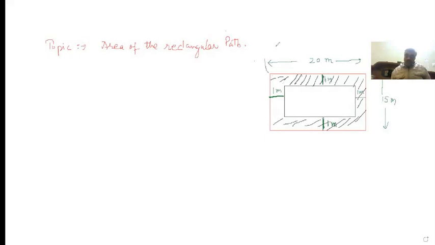This red rectangle is known as the outer rectangle, and the rectangle with black lines is known as the inner rectangle.